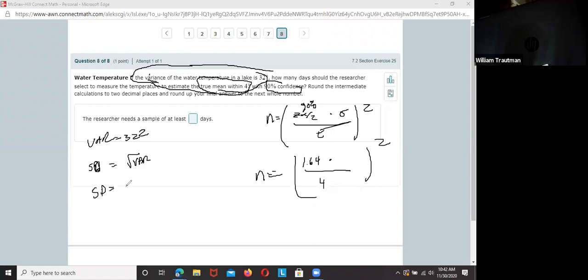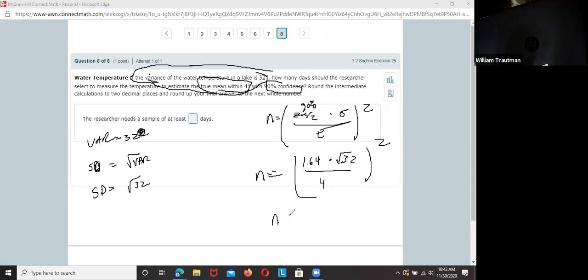So the standard deviation equals the square root of 32 in this case. So we're going to do the whole inside, 1.64 times the square root of 32. I hit enter, then I divide it by 4, and then I raise it to the second power.